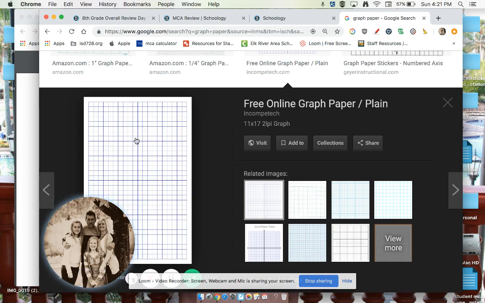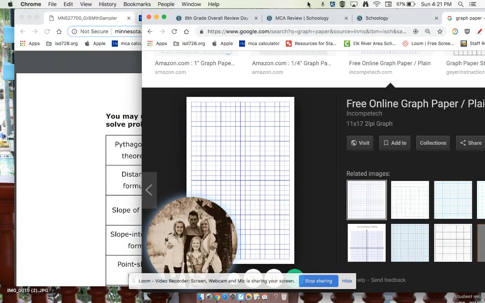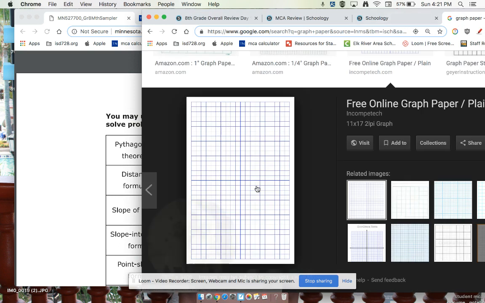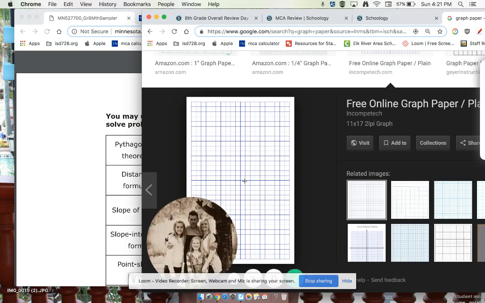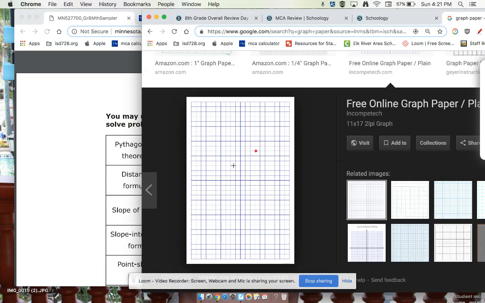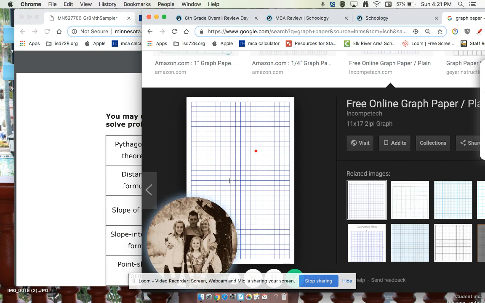You could plot those 2 points: (3, 6) and (-6, 6). 3, 6 would be 1, 2, 3, then 1, 2, 3, 4, 5, 6 right there. And -6, 6 would be over here. And you could count how far apart they are.